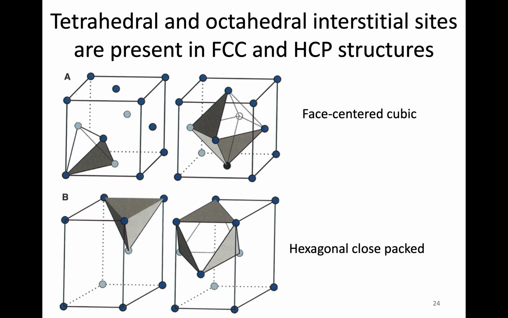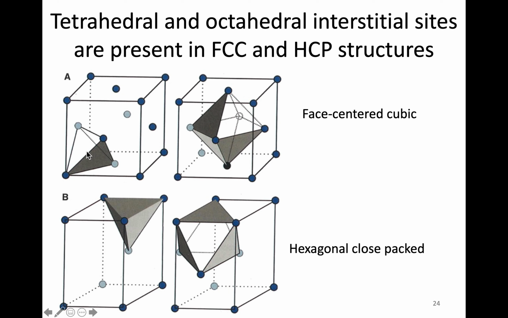Then we're going to look at the interstitial sites, the tetrahedral and octahedral sites, within the vacancies of either FCC or HCP structures. For FCC up here at the top, we can see the location of the tetrahedral sites here in the 1/4, 1/4, 1/4 location, and then octahedral in the 1/2, 1/2, 1/2 type location.